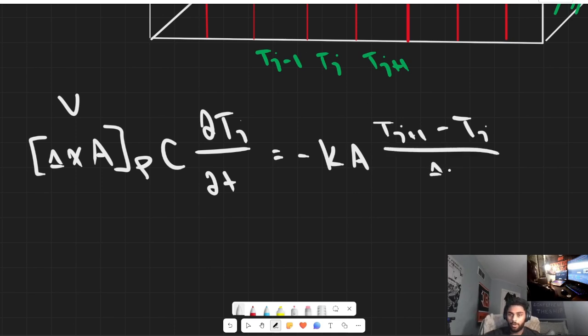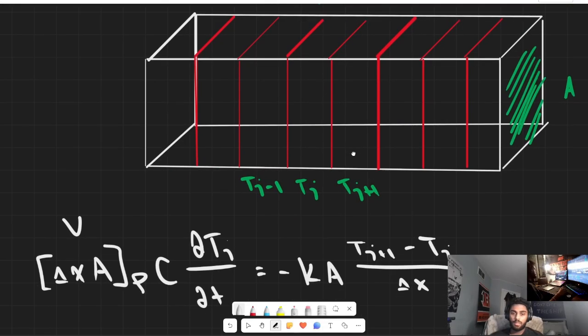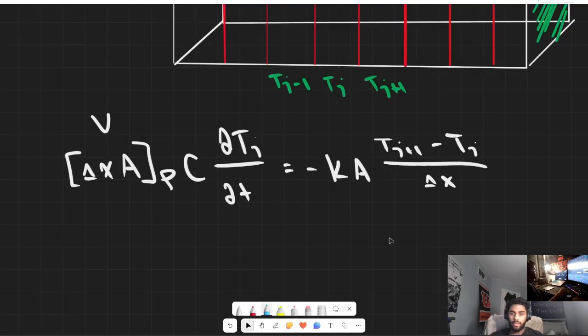And this is over delta x. So this is, if we talk like, say, center to center, so we're worried about the center of this sliver, center of this sliver, this should still come out to be around delta x. So we'll just use that assumption and create our energy balance.